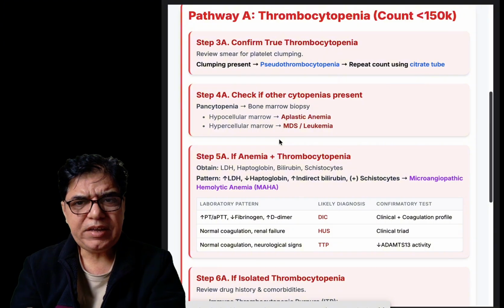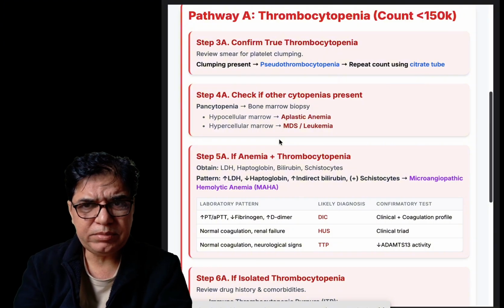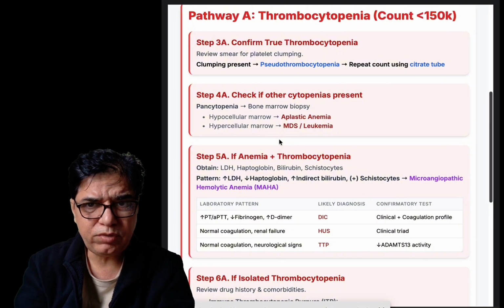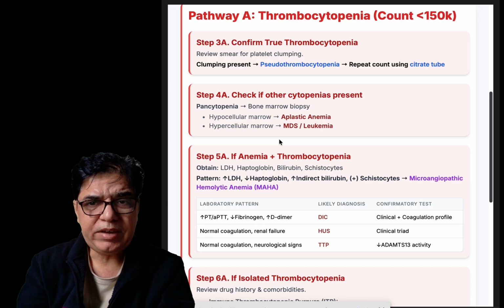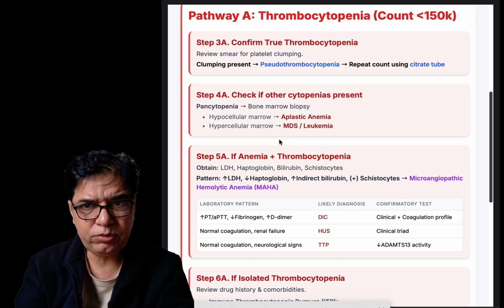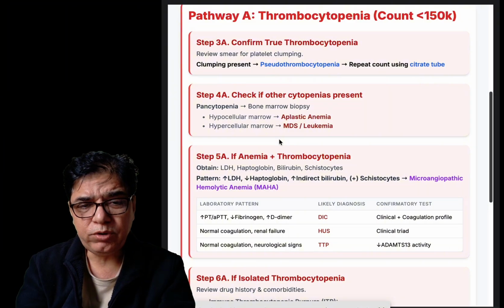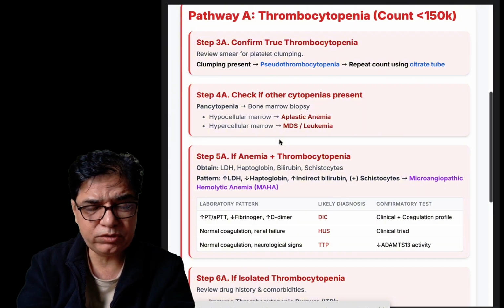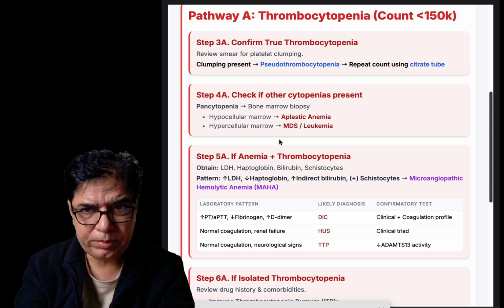Because if there is hemolysis, for any reason the RBCs are getting broken down, what would happen? You will be having an increase in lactate dehydrogenase, while there would be a corresponding decrease in haptoglobin as well, and the bilirubin would be on the higher side with more of the indirect bilirubin because of the breakdown of hemoglobin.